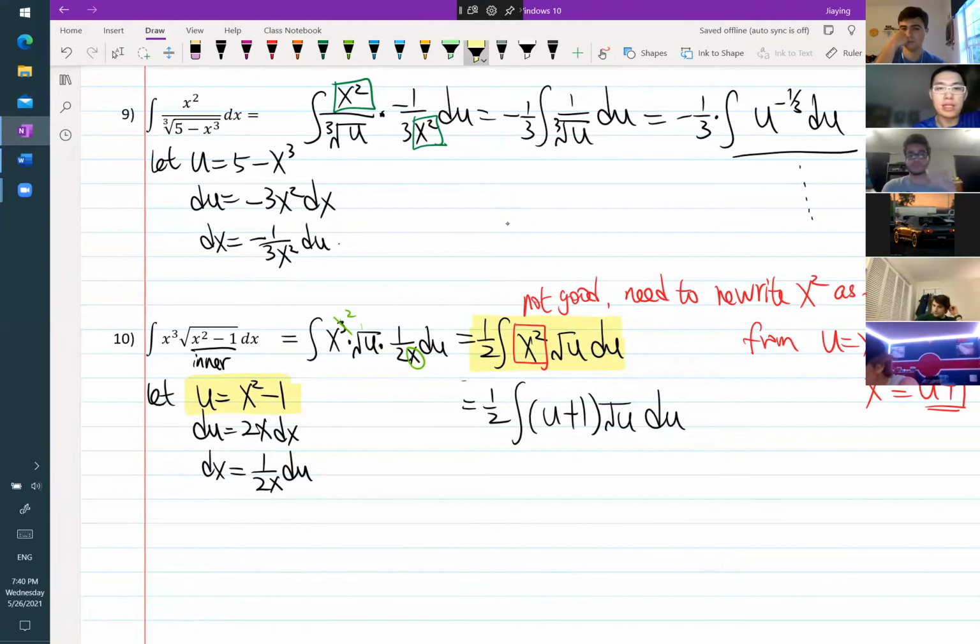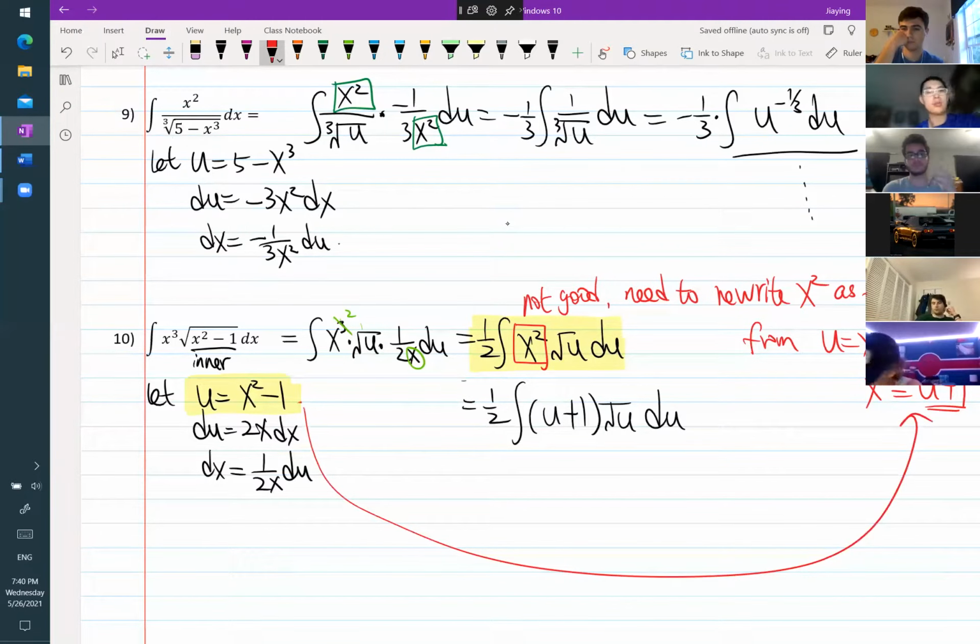So x squared is equal to u plus 1, like Aiden said, and then we can take u plus 1 and put it into the integral to replace x squared. So now we have an integral with only u there, which is great.